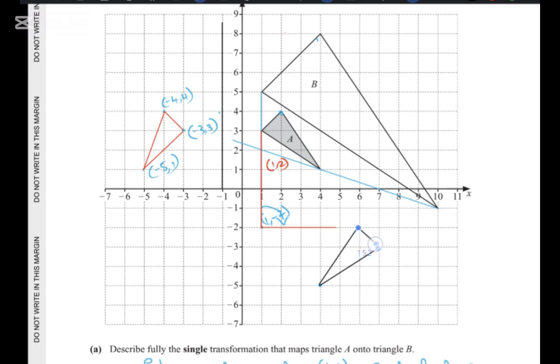So this is rotated. And write the vertices now. This is 7, -3, 4, -5, and 6, -2. This is rotation done.